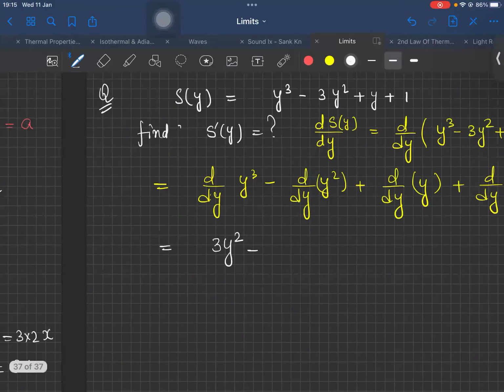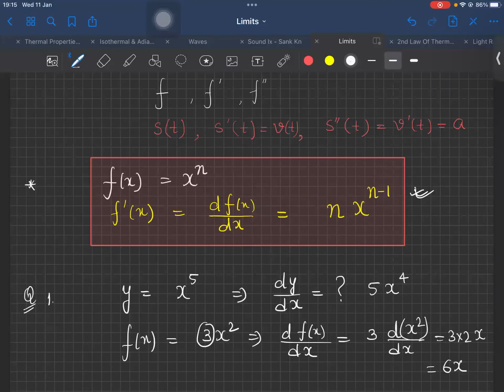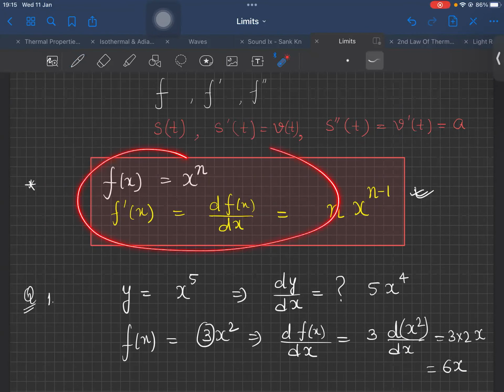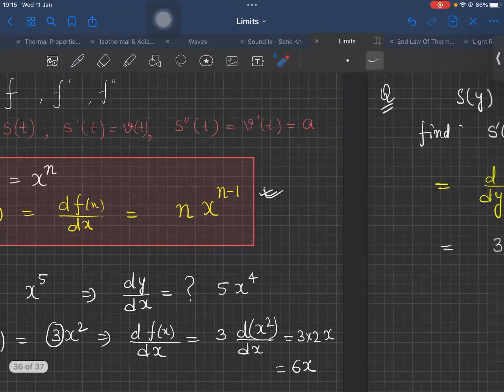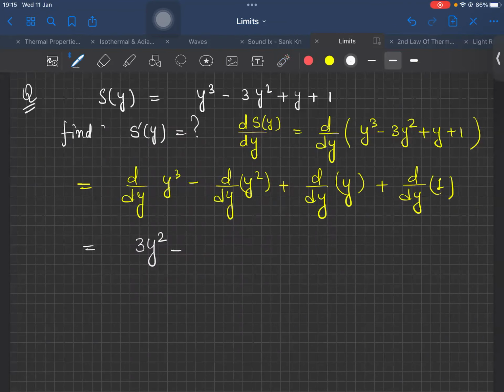See, this is similar to this one. We are only using this rule, we are not using any other rule right now. So 2y. Now the power here is what? 1. So 1 minus 1 will be what? 0.